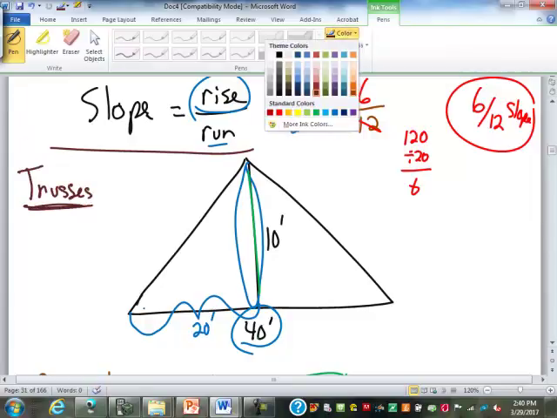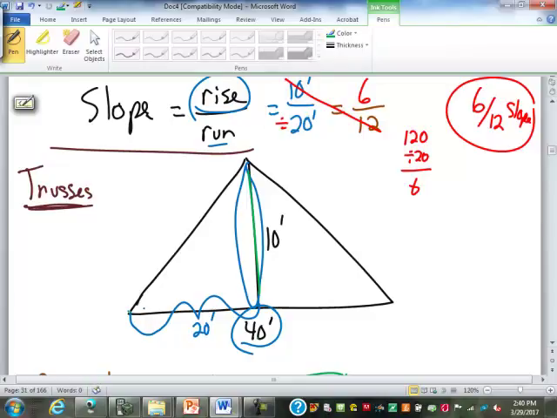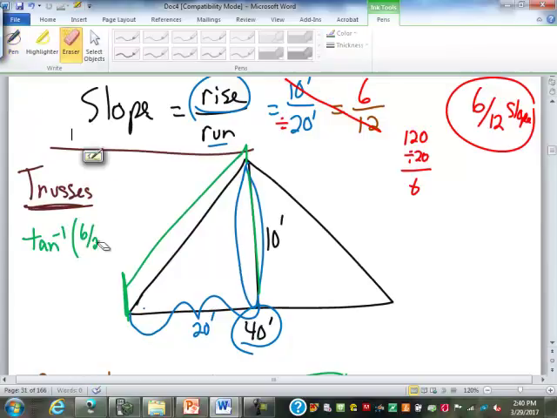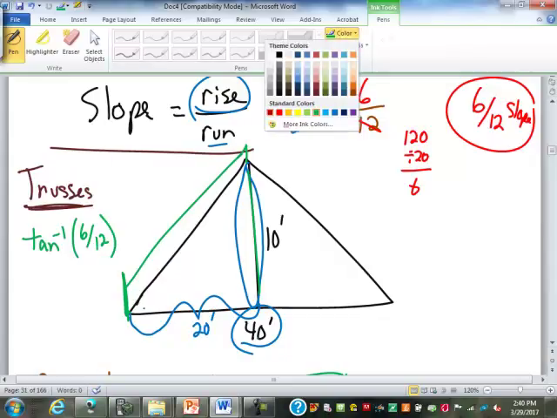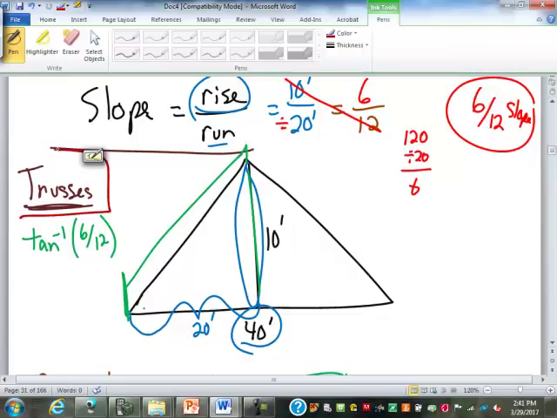And when you're dealing with a roof truss, the angle that you have to cut these boards at the bottom, this angle right here, is calculated off of that slope. It's actually an inverse tangent of that slope. So an inverse tangent of 6 divided by 12 would give you the angle of your cut on the end of that top chord. So that's why slope is used, like I said, primarily for trusses. It's for determining those angles of cut.